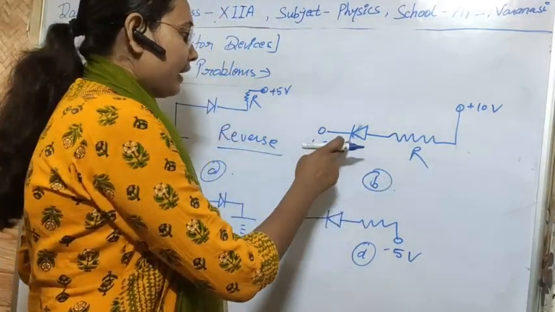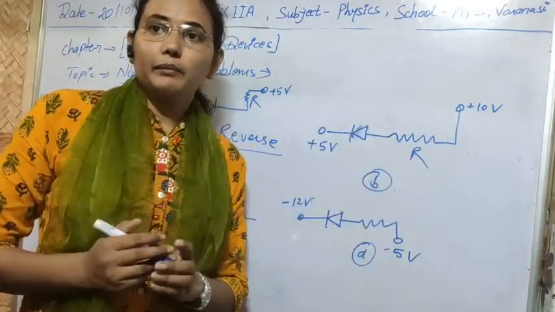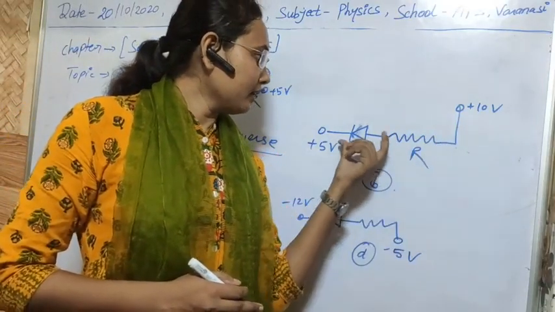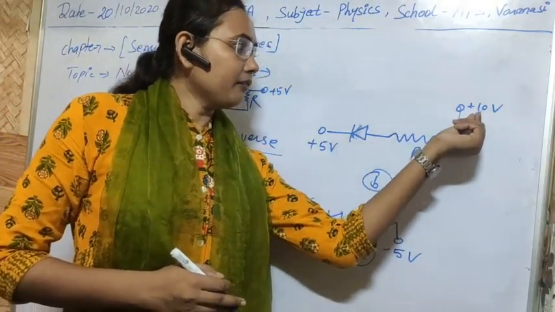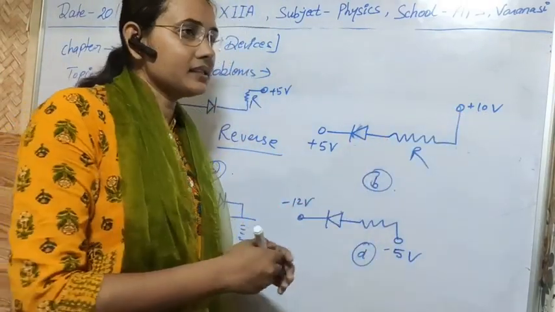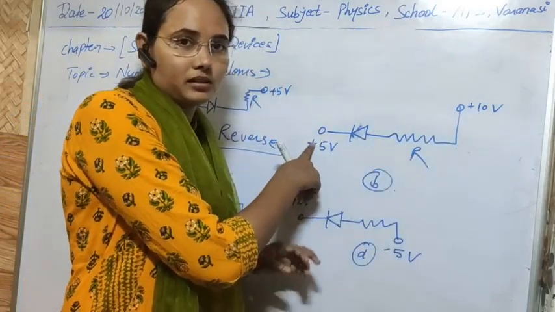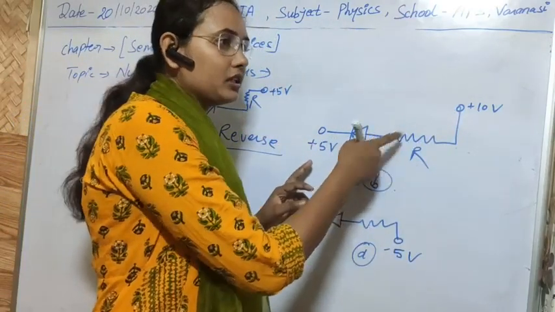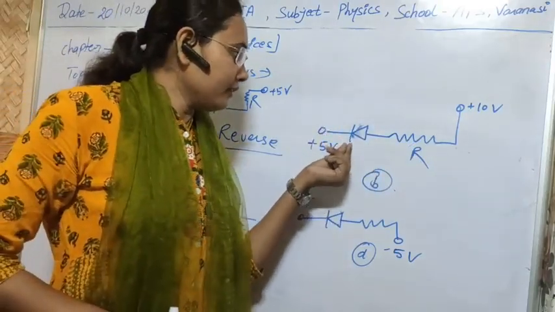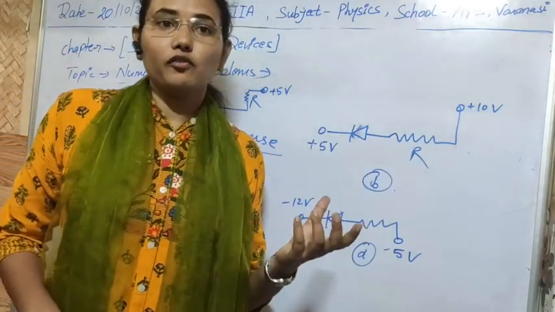In case B, N is connected to 5 volt and P is connected to 10 volt, so we can compare which voltage is greater. Here the plus 10 volt is greater, so we can say that this P terminal has more positive charge in comparison to this. With respect to this, N is negative. So if N is connected to negative and P is connected to positive, that is the case of forward bias.